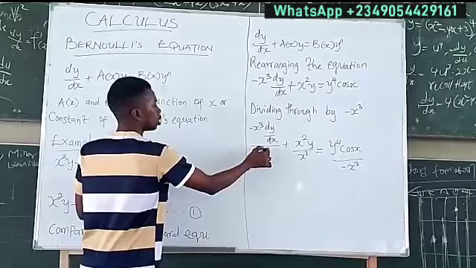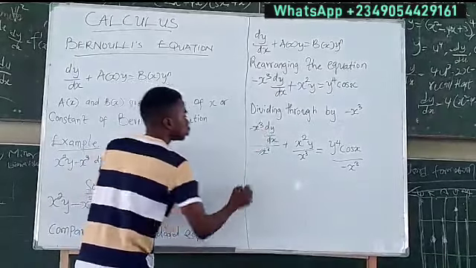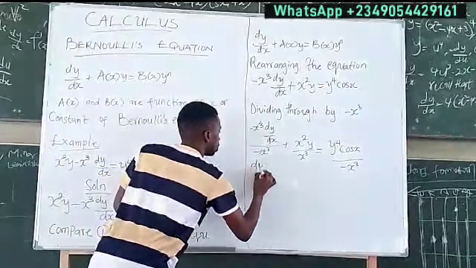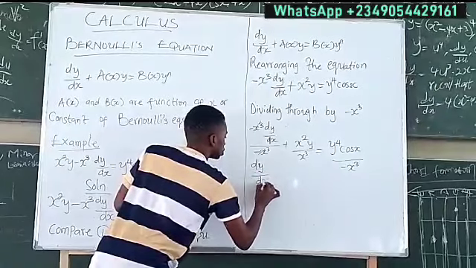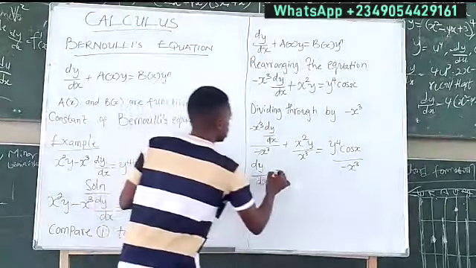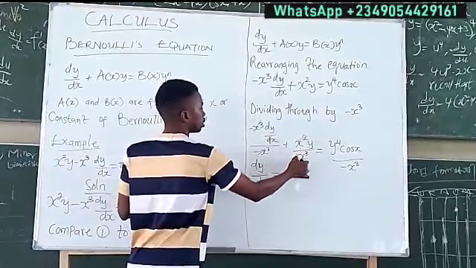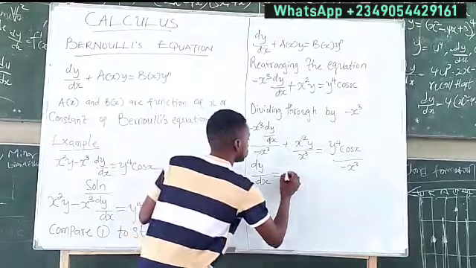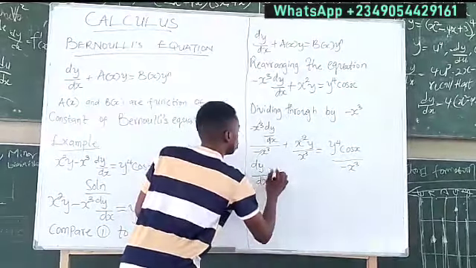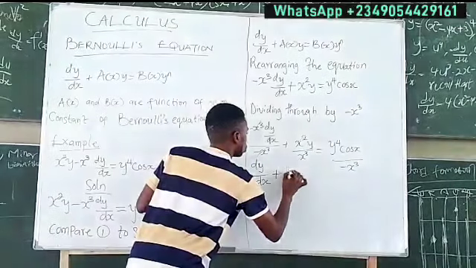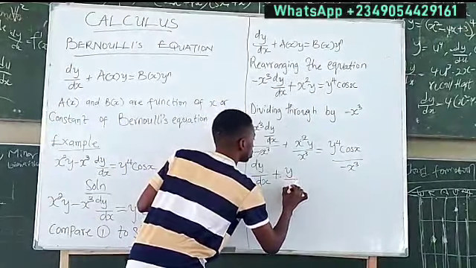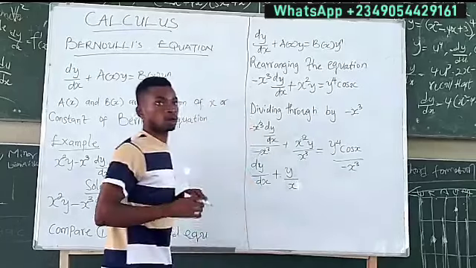You can see that this one is going to cancel out this. So we have dy/dx. Then for this part, our x is going to cancel out this x, and we'll be left with plus y all over x.